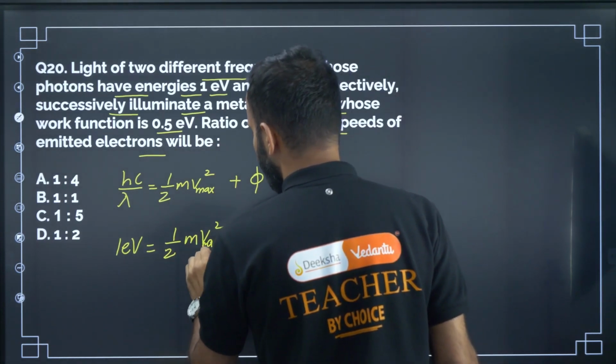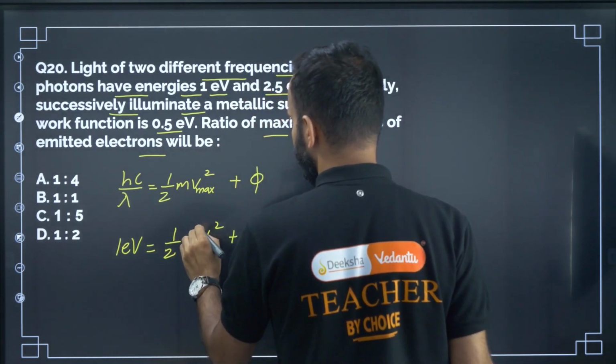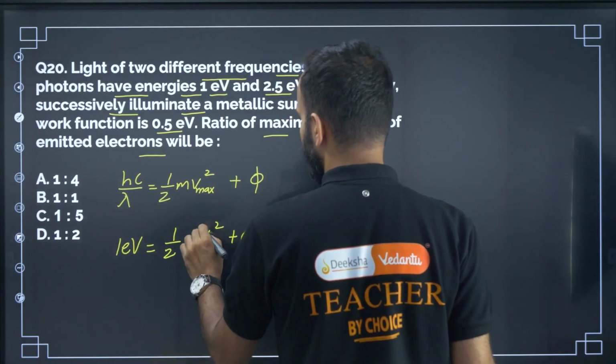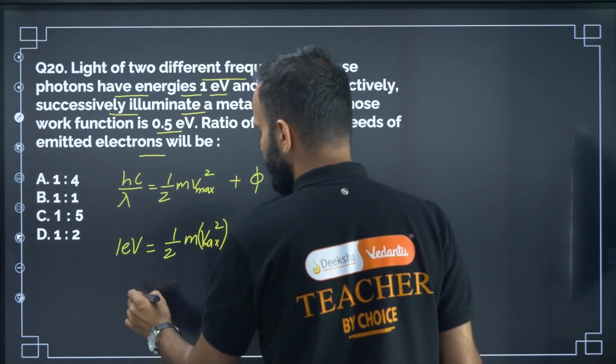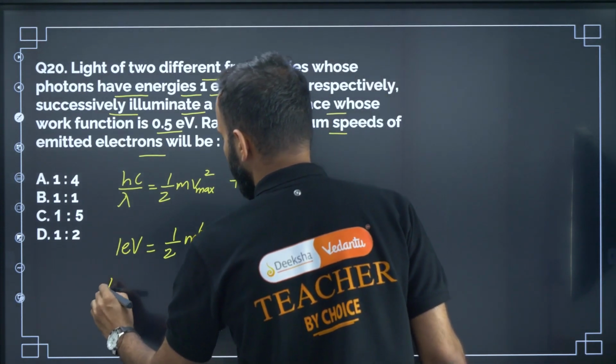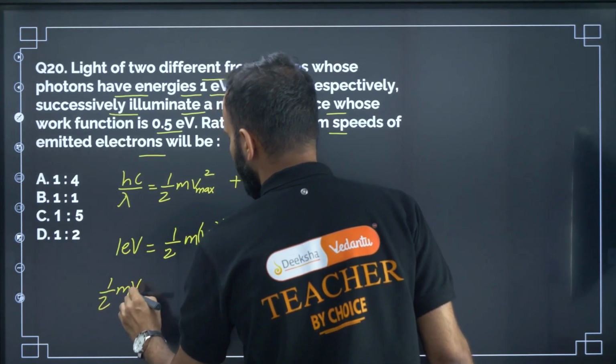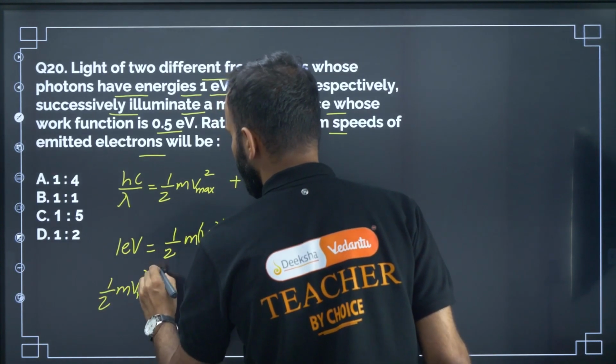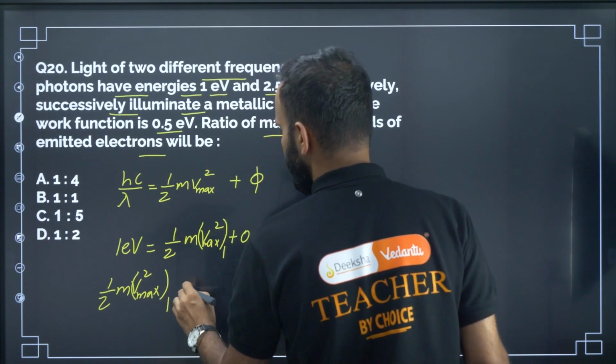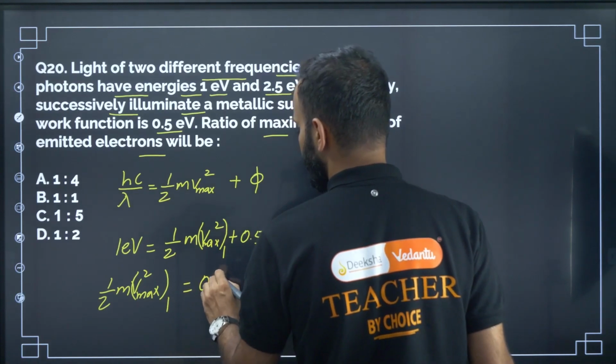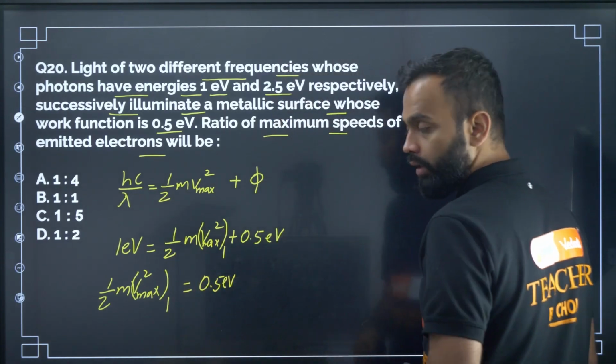So this is v max square 1. So half m v max square 1 is equal to 0.5 electron volt, right?